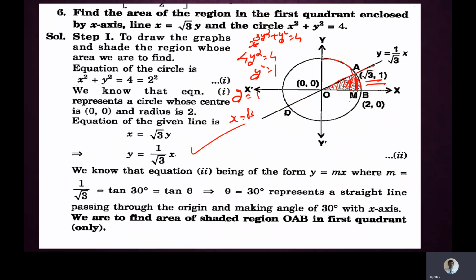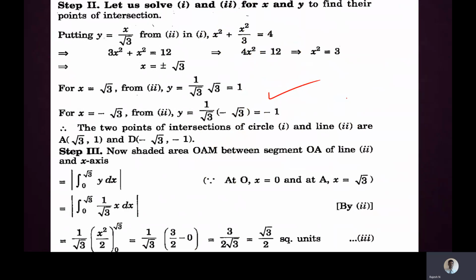So from 0 to root 3 it is the line, plus from root 3 to 2 it is the circle. You can find this directly as an integral, done separately.